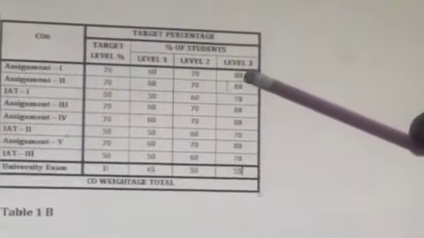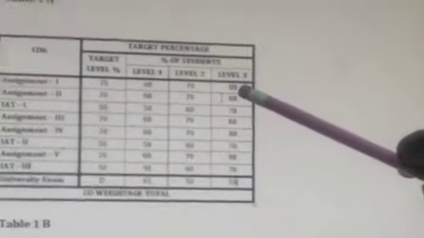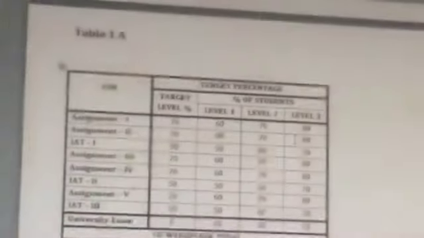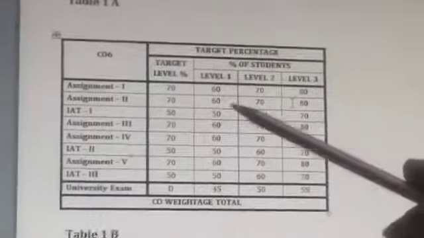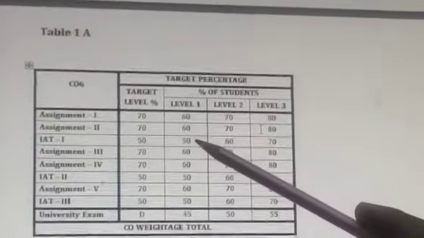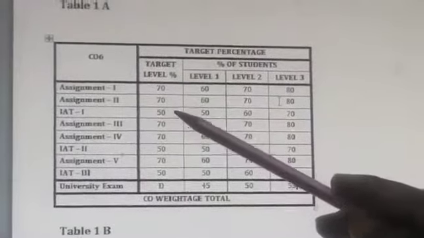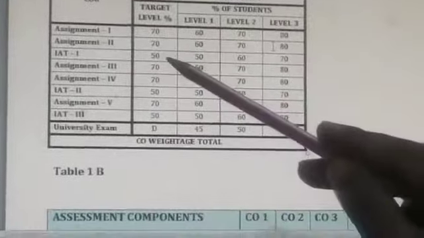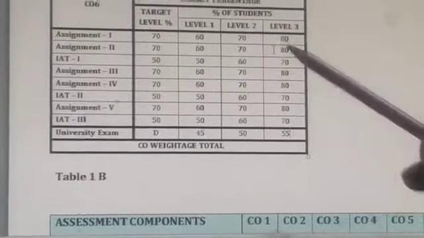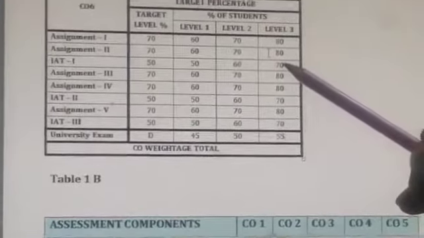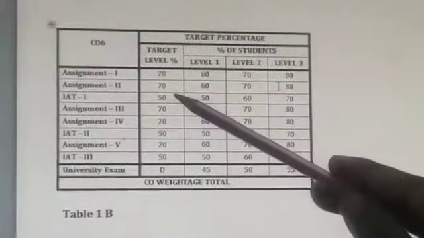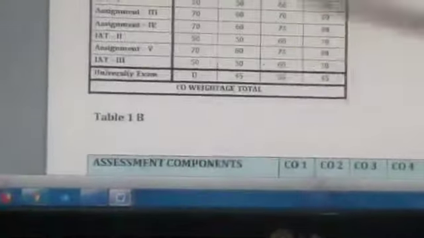If 80% of the students have reached 70% marks in assignment 1, it is level 3. Similarly, 50% of the students reaching 50% marks in IIT 1 is level 1, and 60% reaching the target is level 2, and if 70% of the students have reached 50% marks, the level is 3.